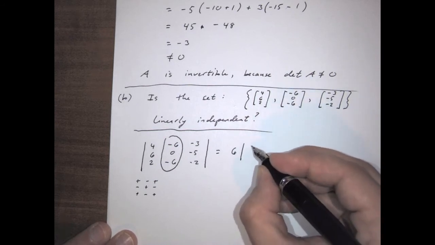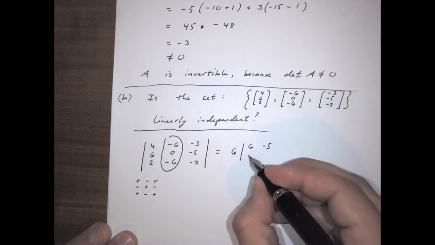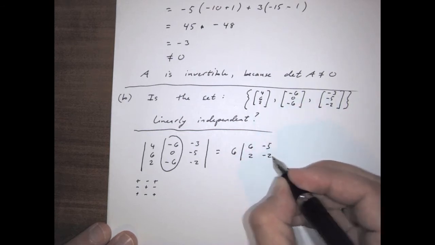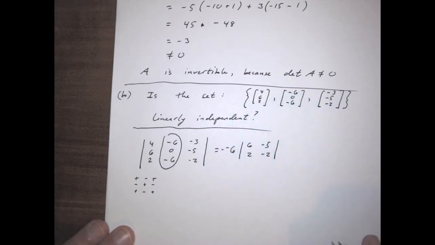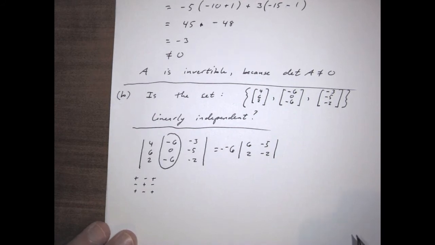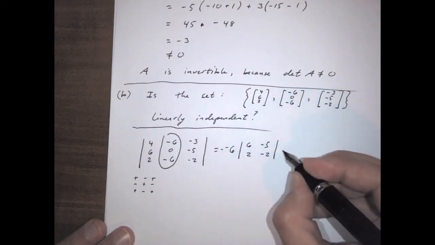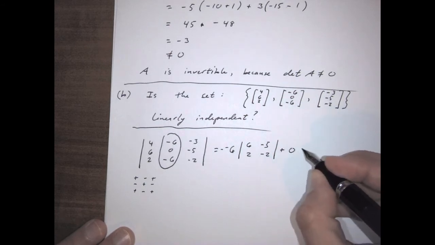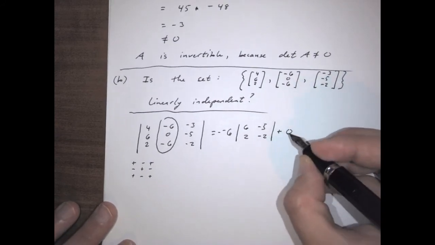Now we make the submatrix, so what is called the minor. So 6, -5, 2, -2. So it was -6. There, I'll write that in the first step, just so the paper trail is there and nobody gets caught up. But it was -6. Okay, and then it's plus 0. And I'm not even going to write the entries that I'm not going to use anymore.